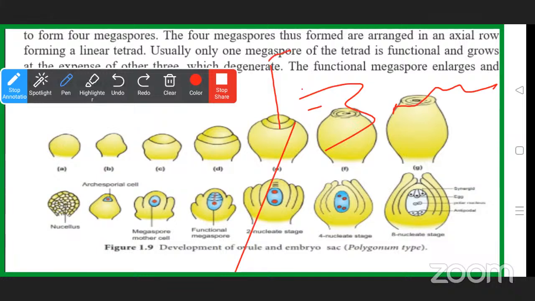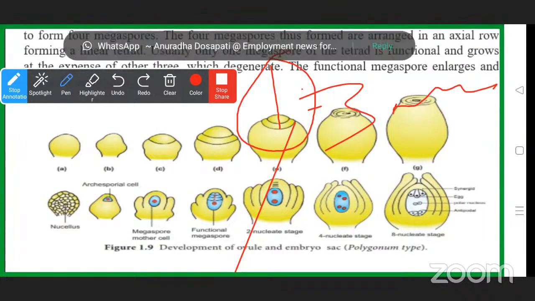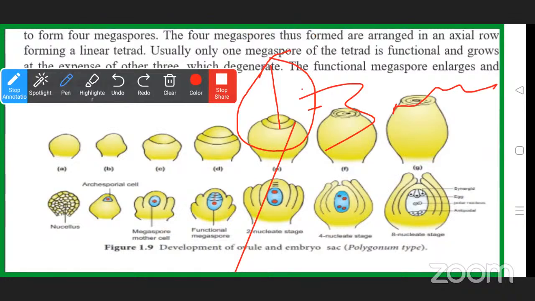Commonly in almost all types of embryo sac, that means the megasporangium, female gametangium, only 1 meiotic division takes place, and the remaining, either 2 or 3, are mitotic divisions. So we can easily remember and recognize how many nuclei and cells are present in the embryo sac.